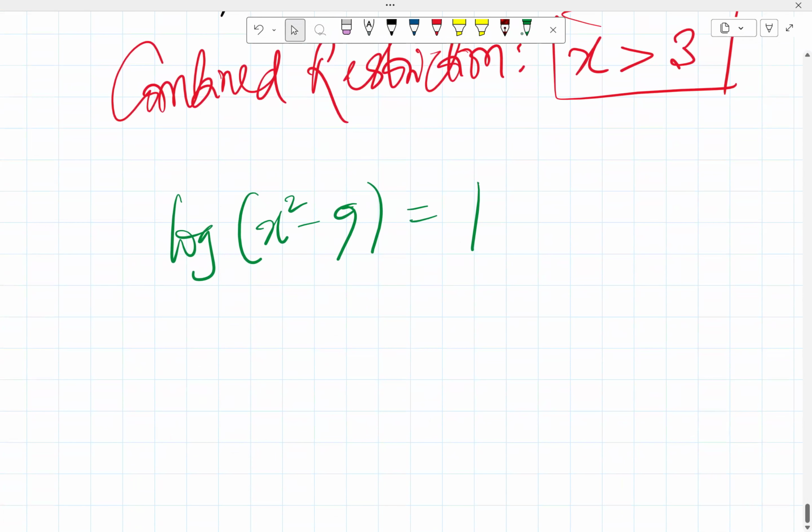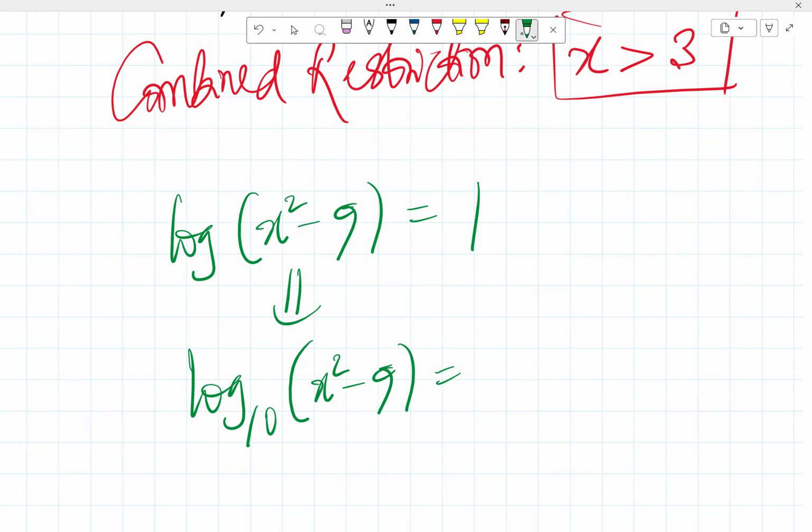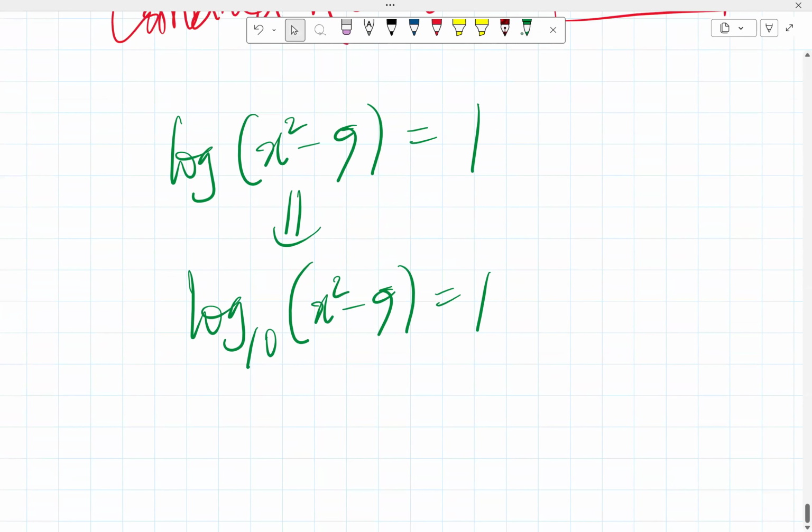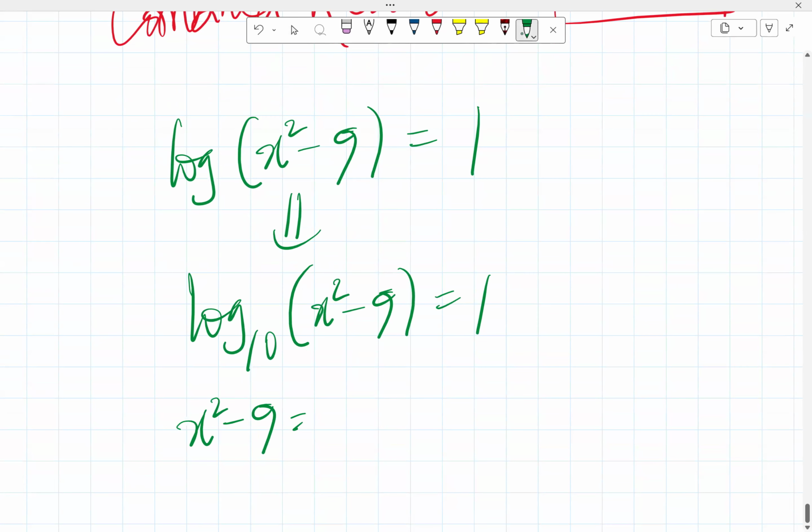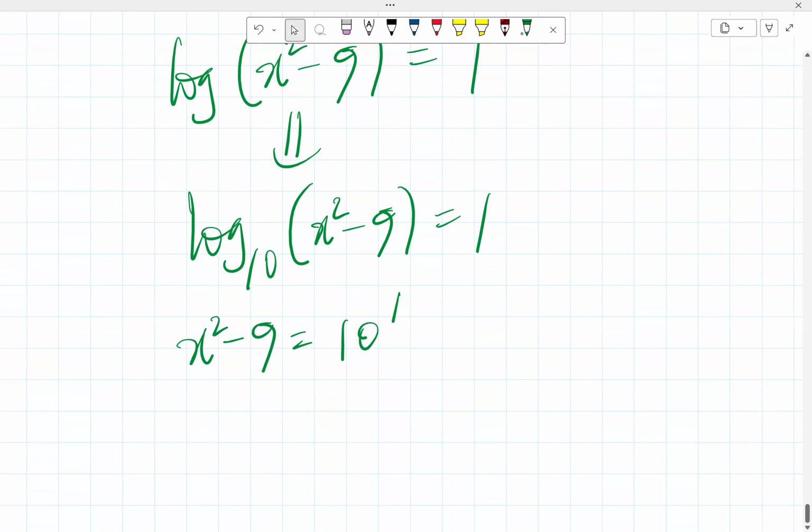So there are many things we can do. We can say this is log 10, because when you don't see the base, it's more or less like saying you have log to base 10 of x² − 9, which is equal to 1. And that means that x² − 9 is equal to 10 raised to power 1, and that means that x² − 9 is equal to 10.